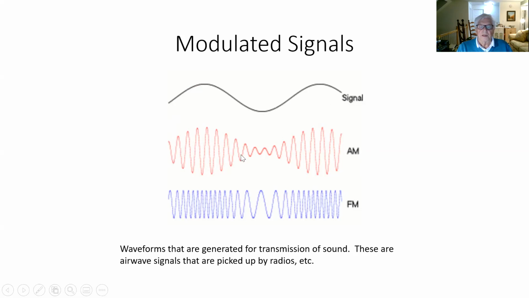In the case of amplitude modulation, the amplitudes follow that modulating signal. Or we do it FM-wise, where the frequency variation follows that signal, as you can see up on top. Then the entire signal is sent out more efficiently because of that higher frequency.